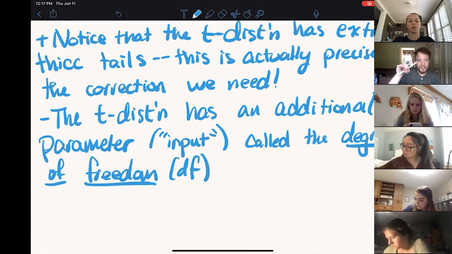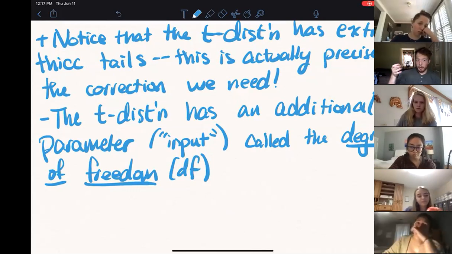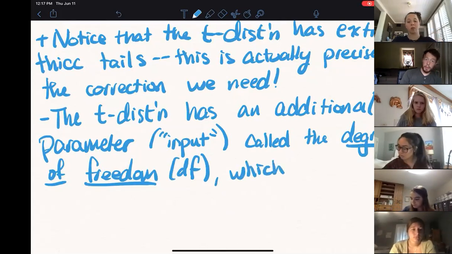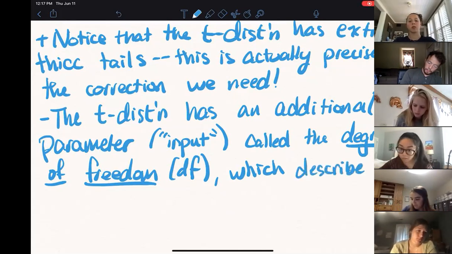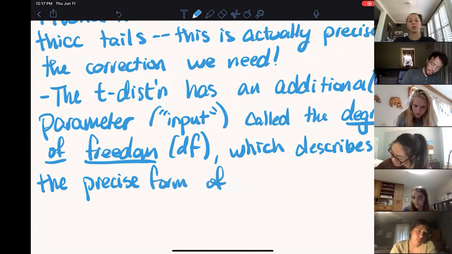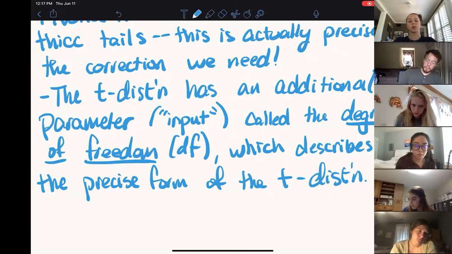These two inputs into the normal distribution tell us which normal we're talking about. The t distribution kind of has the same idea, but it has this other input called degrees of freedom. And just like how mu and sigma describe the precise form of the normal, this also describes the precise form of the t. So let's take a look at degrees of freedom.